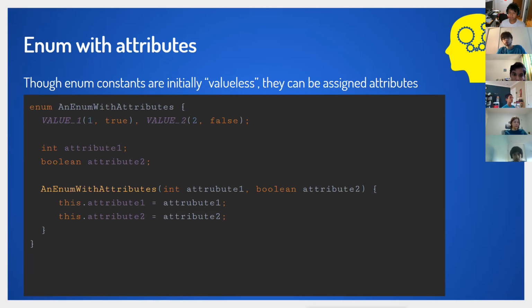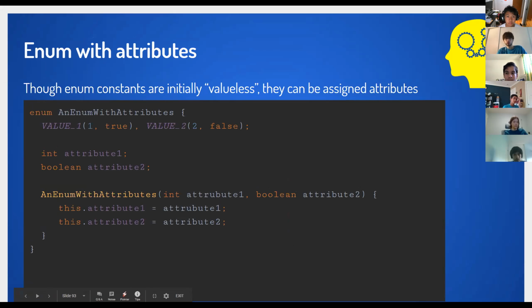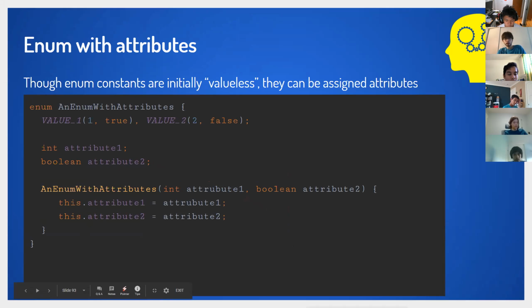And then the attributes are inside those values. When we write value 1 and then 1 and true in the parentheses, you can think of it as calling the constructor below. And you could actually have methods within the enum so that you could make those encapsulated and such.